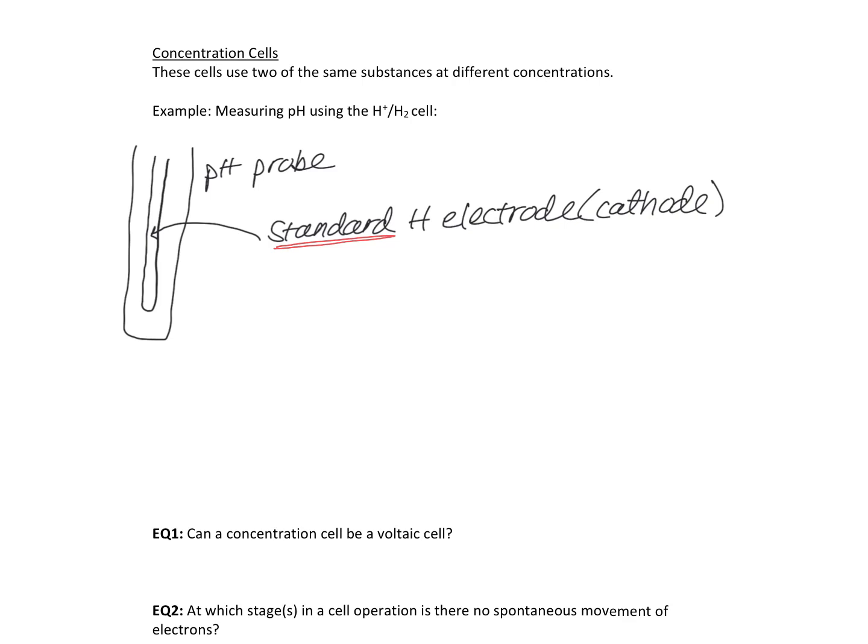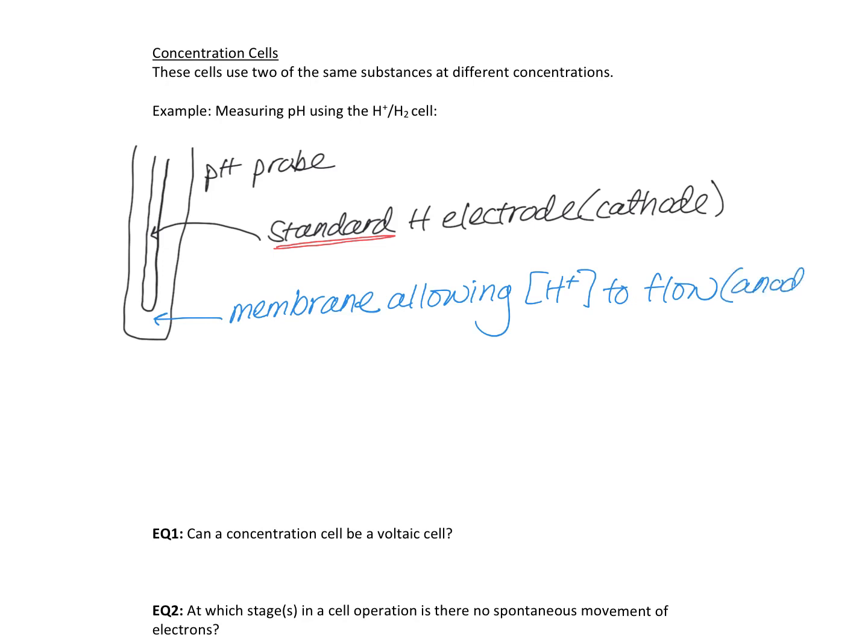On the outside is a membrane that allows a flow of H plus ions. And that is also the place, I'll just keep the same color, that oxidation is occurring.